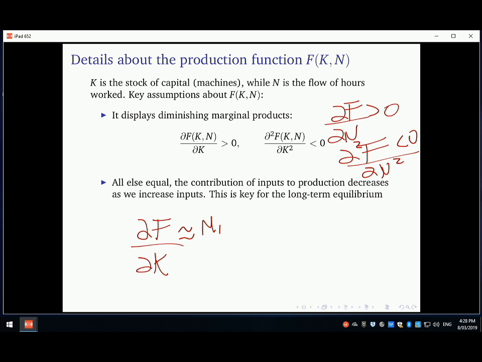How do you think that the marginal product of capital changes or is affected when you increase the amount of workers?